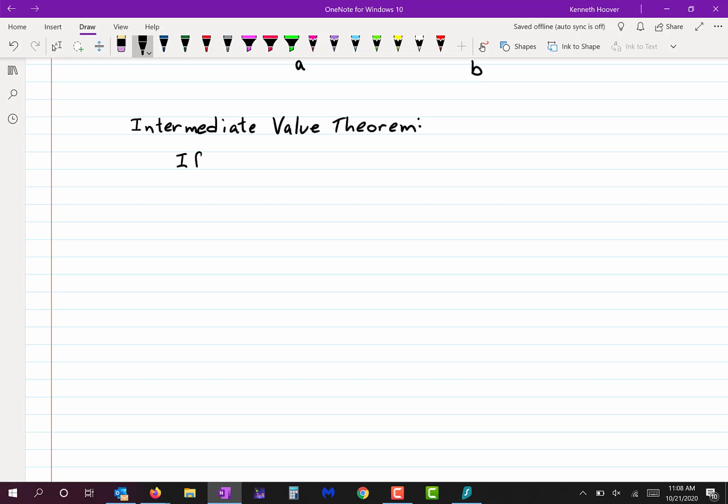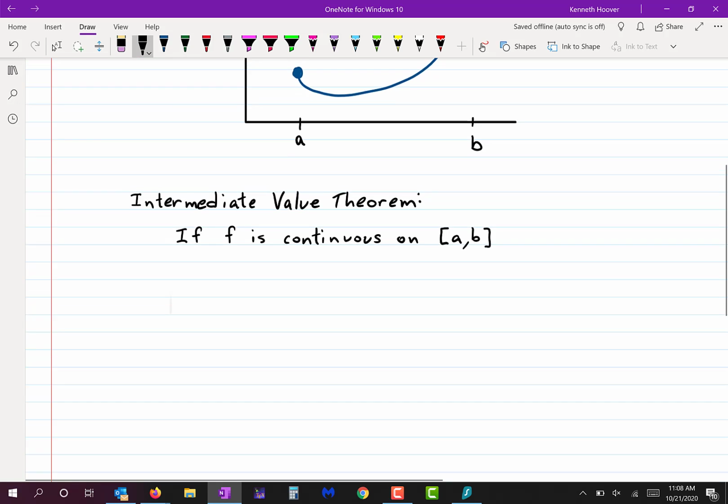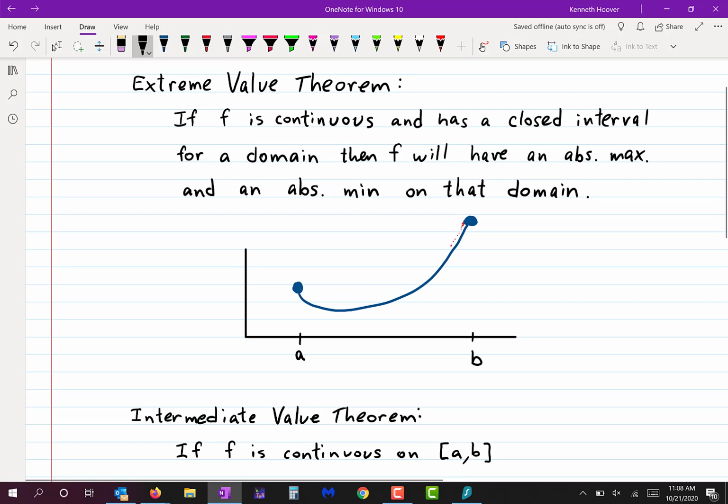It starts out the same way. If f is continuous on a closed interval, I'm actually going to write that. In fact, maybe up there where I wrote the extreme value theorem, I should write it the same way.